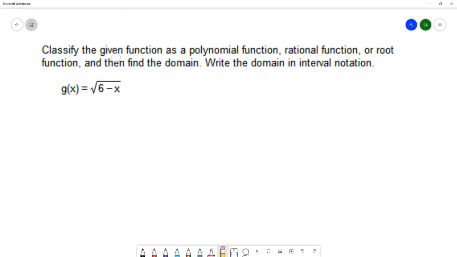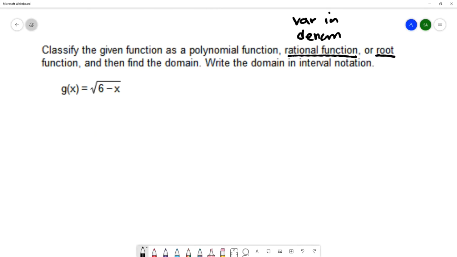Classify the given function as a polynomial function, rational function, or root function. Then find the domain. Write the domain in interval notation. Rational functions are pretty easy to identify. They'll have a variable in the denominator. Root functions are also pretty easy to identify.